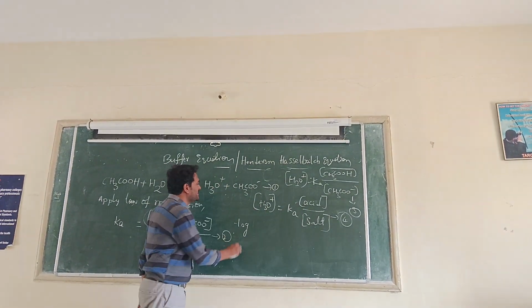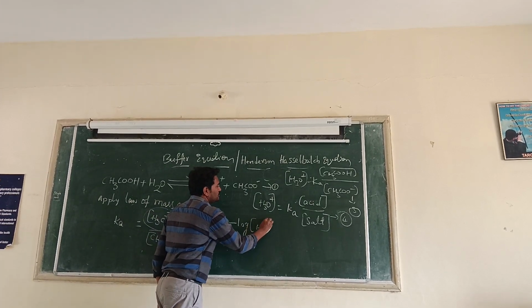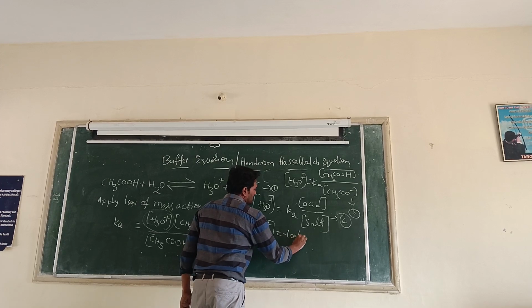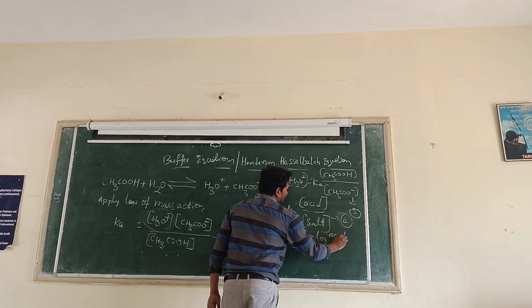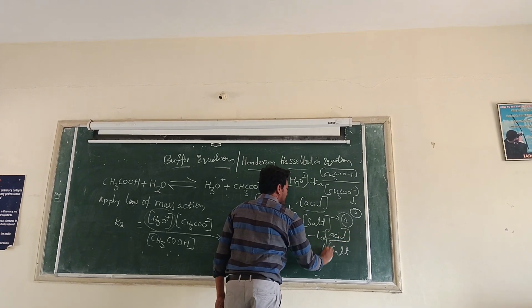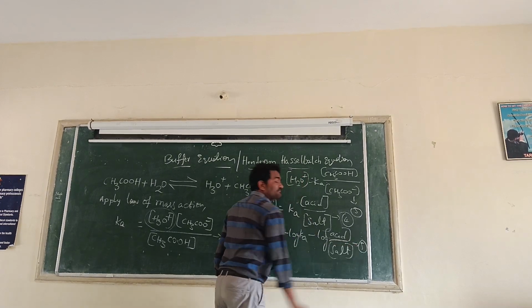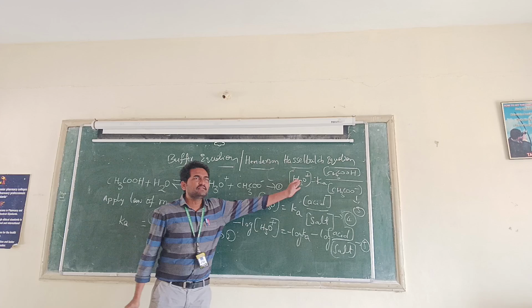So the equation now becomes minus log H3O plus equals minus log Ka minus log acid by salt. Consider this as equation number 5. Understood? Up to here clear, right?